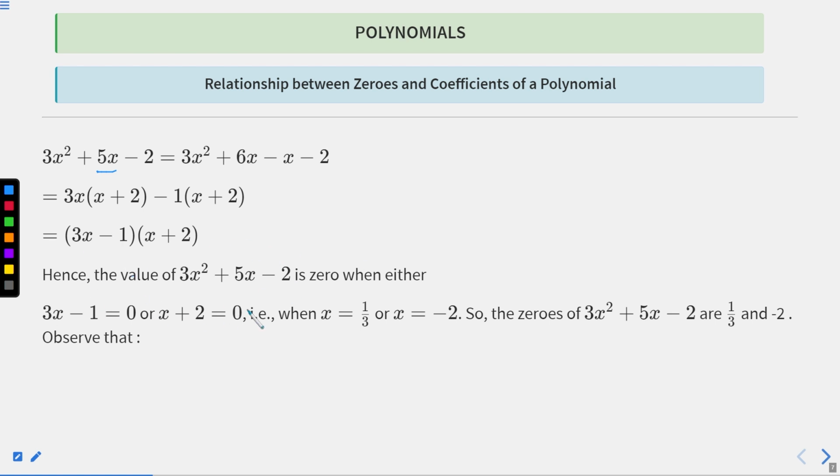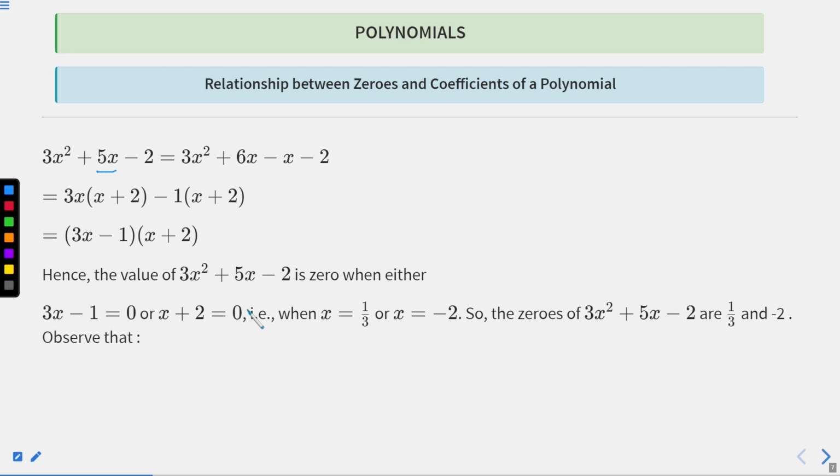One is 3x minus 1 and the other is x plus 2. Hence the value of 3x square plus 5x minus 2 is 0 when either 3x minus 1 is equal to 0 or x plus 2 is equal to 0, that is, when x is equal to 1 by 3 or x is equal to minus 2.